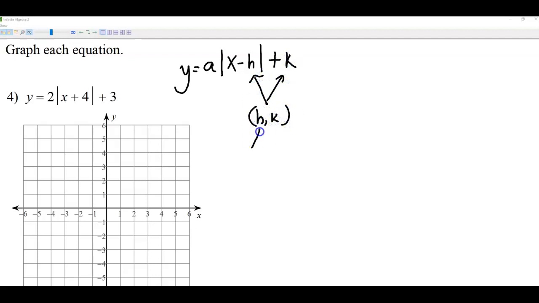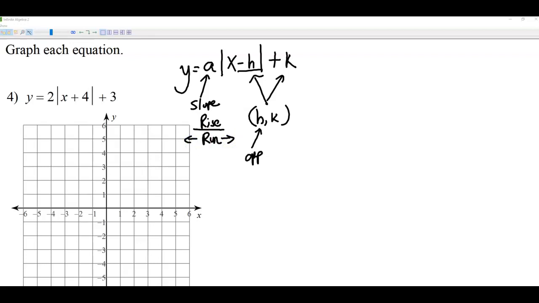Got to remember to do the opposite sign of that number, so whatever's here you can take the opposite of it. And then this number here kind of behaves like our slope. So you're going to have a rise over run. And what you want to remember with these guys is that the run goes both ways for absolute value functions.